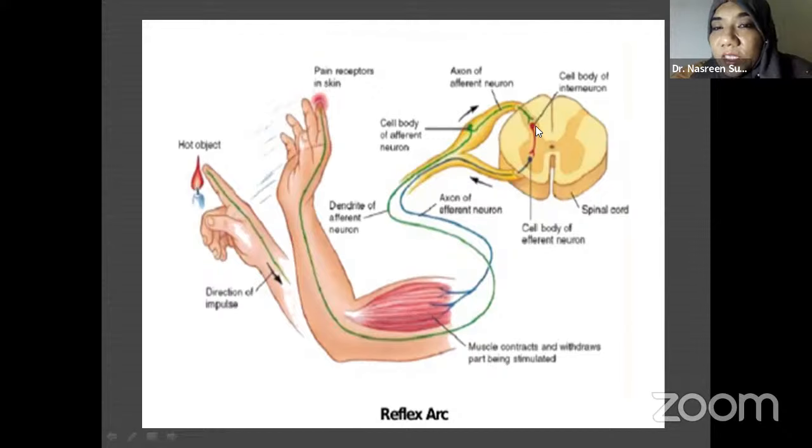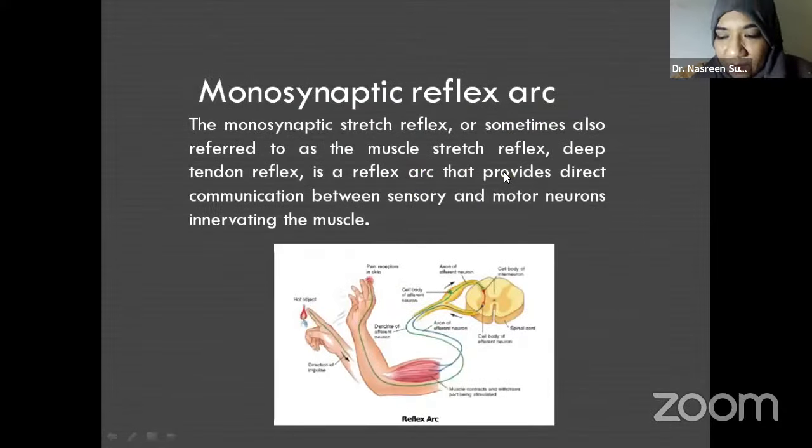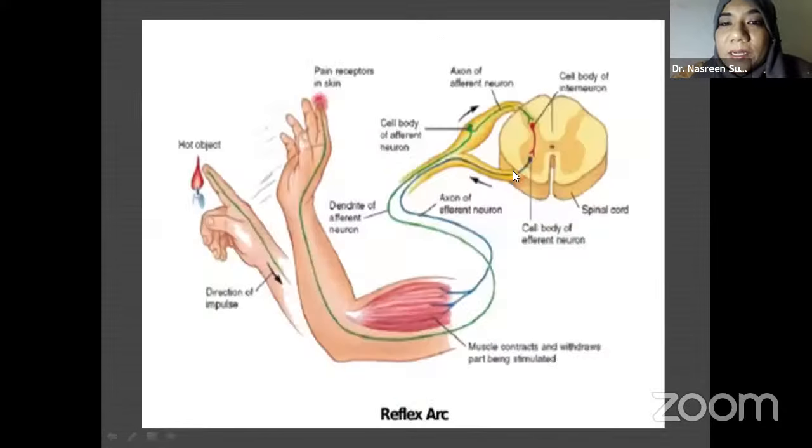If it is touching any hot object, then remove your hand. It will give you that response. That response is carried towards the muscle, and the muscle will immediately remove the hand from the object. So this is the simple version of your reflex arc.